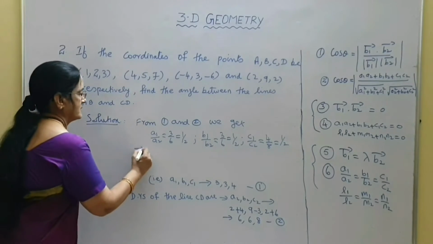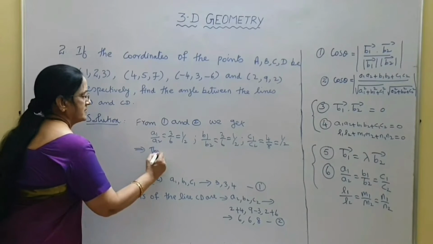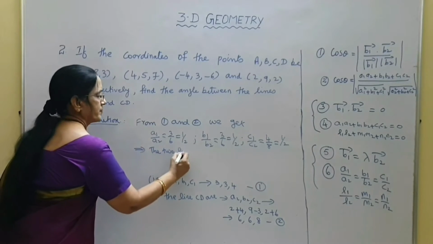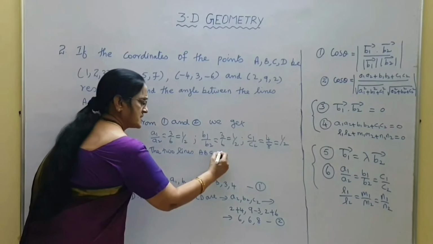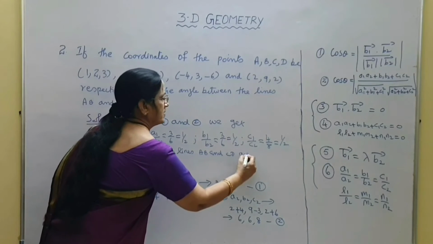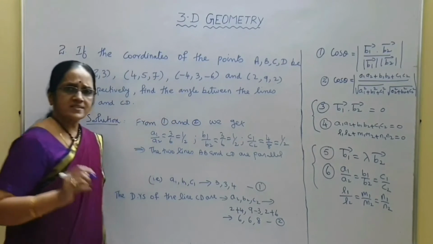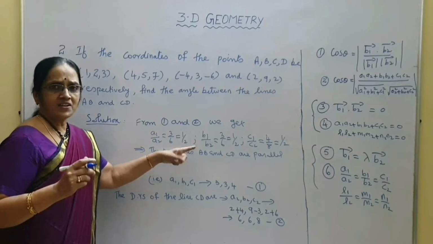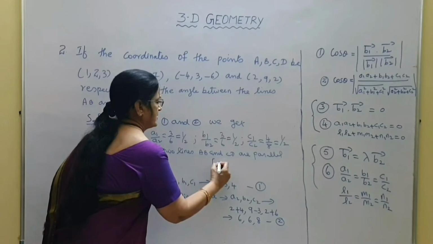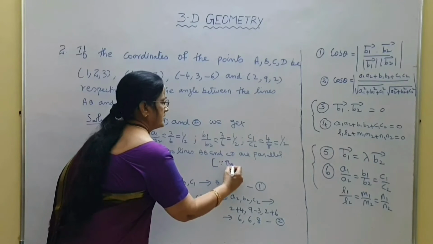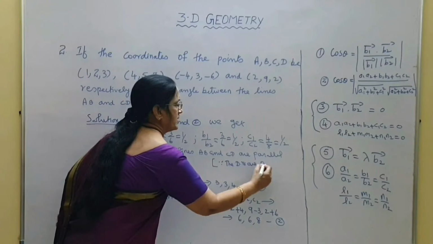Implies the two lines AB and CD are parallel. What is the reason? The DRs are proportional. So once again you mention nothing wrong in that. Since the direction ratios, the DRs are proportional.